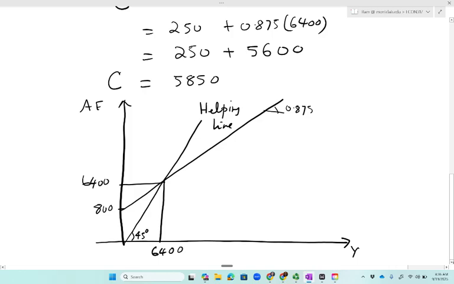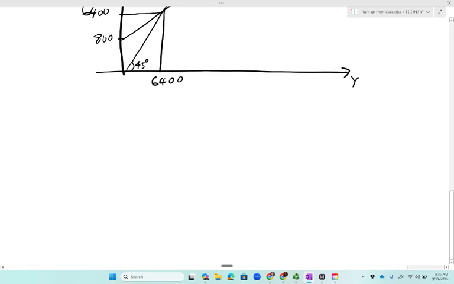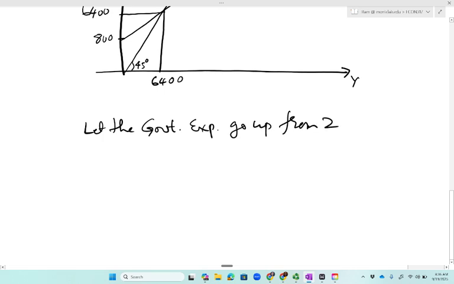Now we want to find out what happens to the economy if the government expenditure goes up by $100. Let the government expenditure go up from $200 to $300, so an increase of $100.